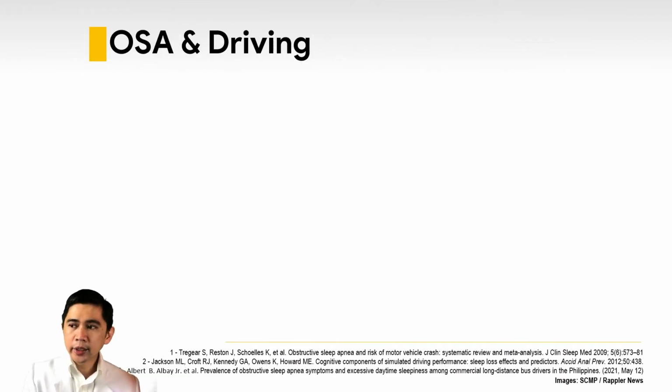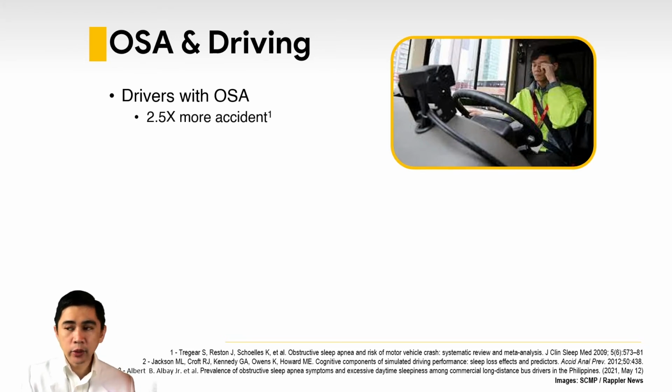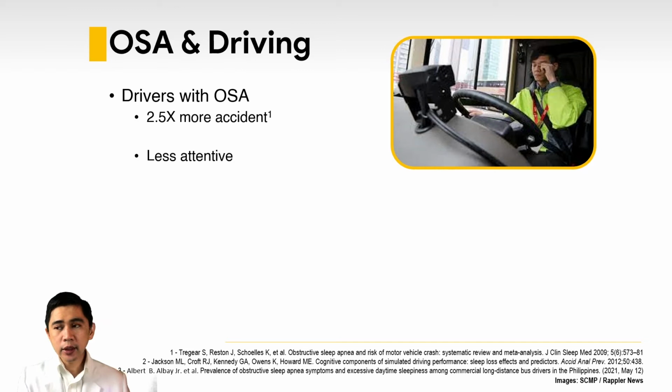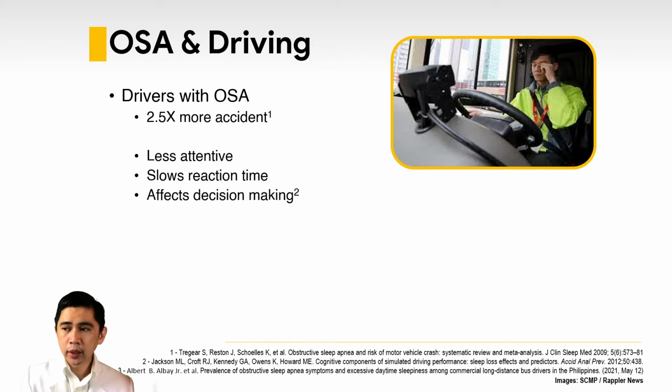How about OSA and driving? In the past decade, there was interest in OSA and drivers. They found out that drivers with OSA have 2.5 times more accidents than those without OSA because these drivers are less attentive, they have slow reaction time, and their excessive sleepiness will affect their decision making.